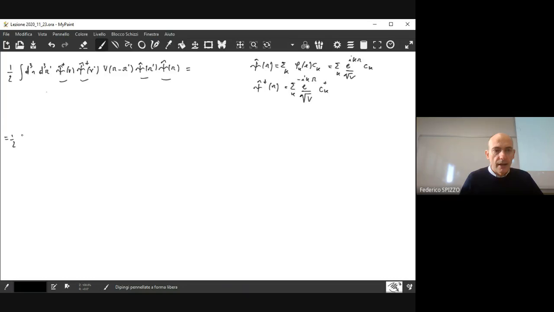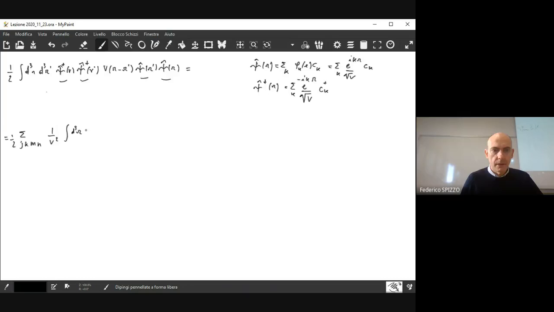So here I may write a summation over j, k, m, and n, the four indexes that correspond to the four field operators. Then I have 1 divided by the square of the volume, because I have four times 1 divided by the square root of the volume, so the product of four square roots of V at the denominator. So at the end, I have just this V squared here.